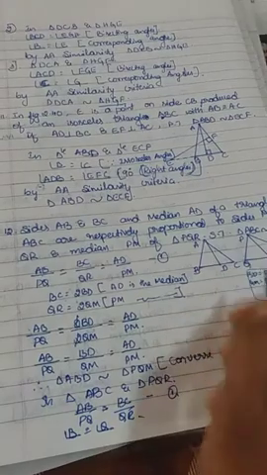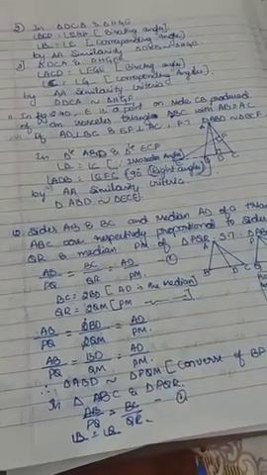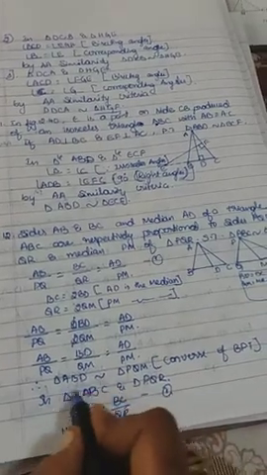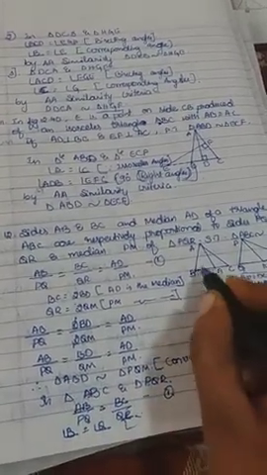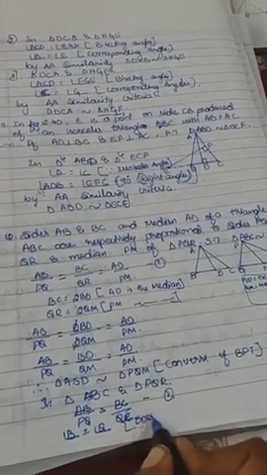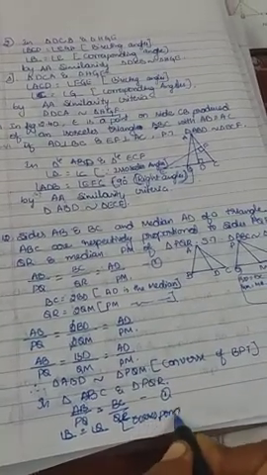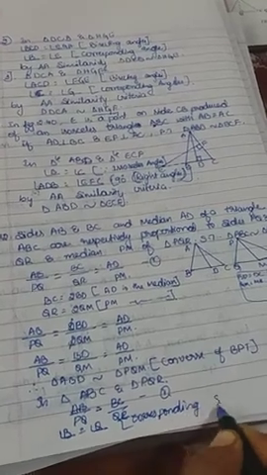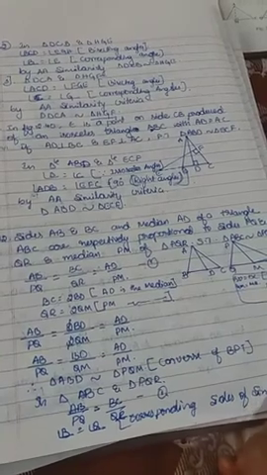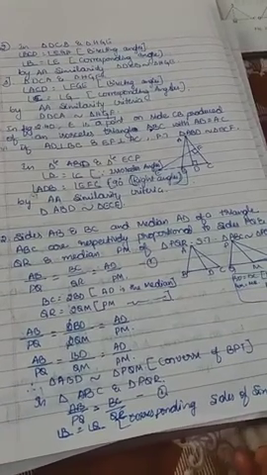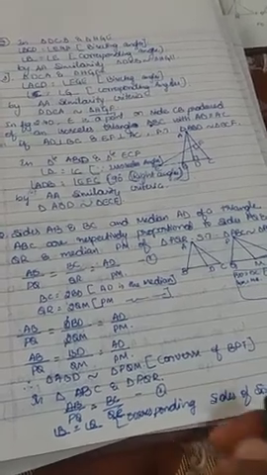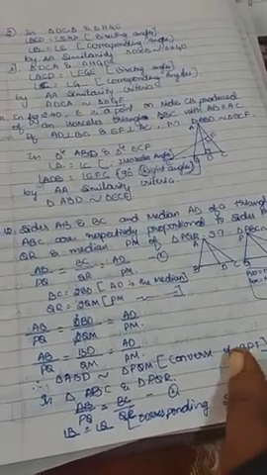Why angle B equal to angle Q? Because these are the corresponding angles of the similar triangles ABD and PQM, no? Write that: corresponding sides of similar triangles.